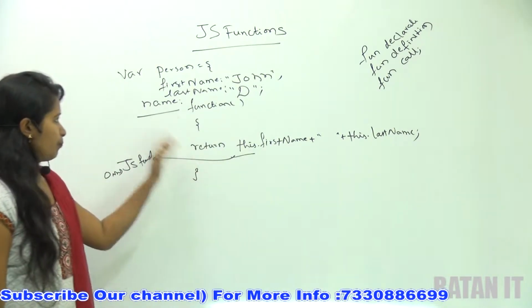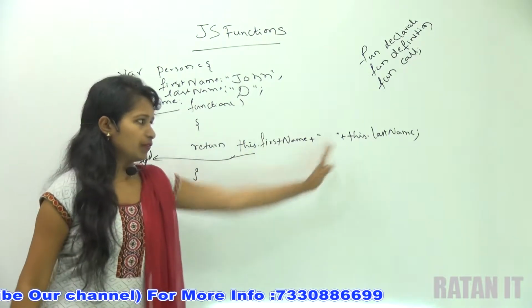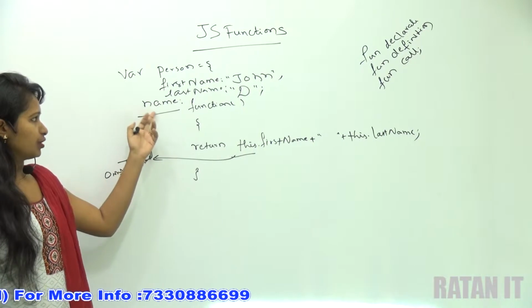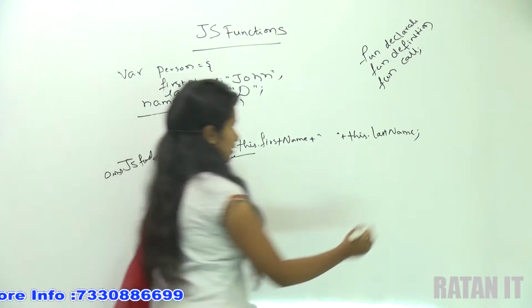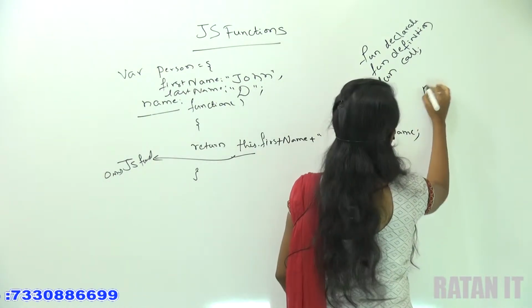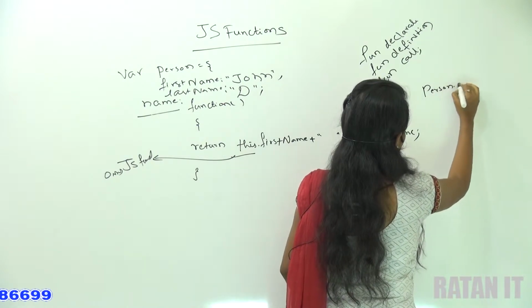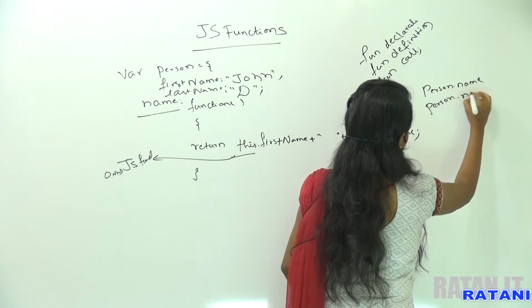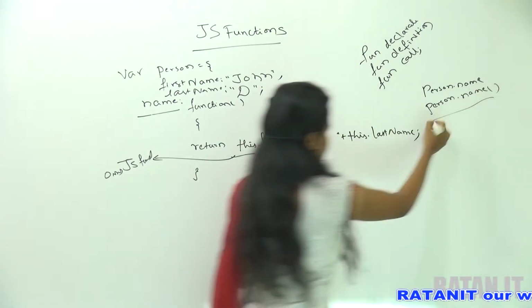What is my function? Name, returning this.firstName, this.lastName. If I am going to retrieve this property name with my object name, person.name or person.name(), in both ways I can retrieve.